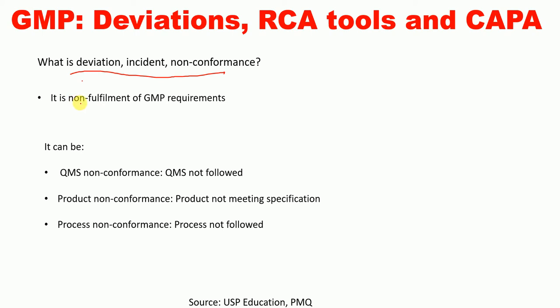Basically, deviation, incident, and non-conformance all mean a non-fulfillment of GMP requirements. It can be QMS non-conformance, which means the quality management system is not followed; product non-conformance, which means the product is not meeting specification; and finally, process non-conformance, which means the process is not followed.